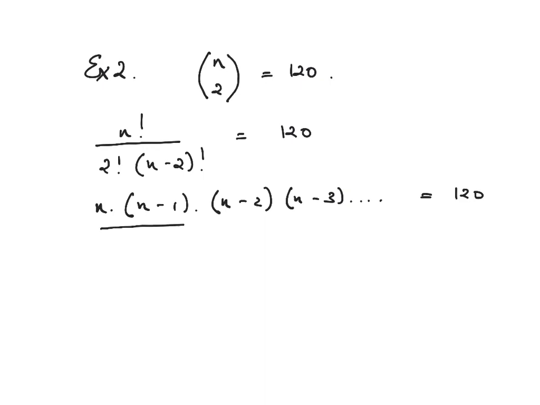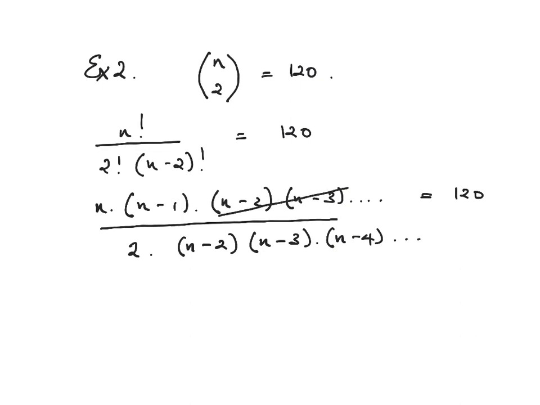What have we got on the bottom line? We've got 2 times 1, which is 2, and then we've got n minus 2 factorial, so we're starting with n minus 2, and then that's multiplied by n minus 3, n minus 4, etc. And you can see that these terms here cancel with all of these terms here.